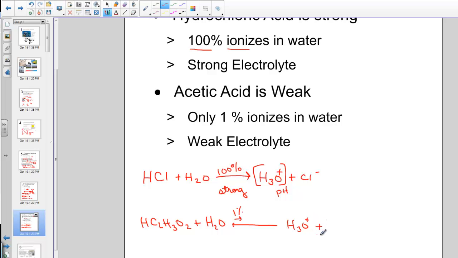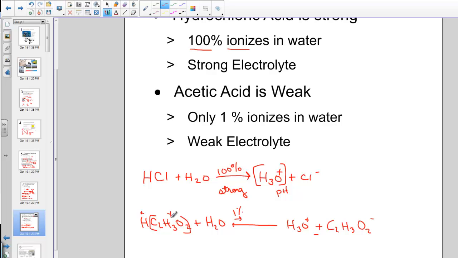And so, I gotta write this down here. This C2H3O2 negative, acetate, a polyatomic ion, carries a -1. So remember, H is a +1. Acetate, even though there's a lot of letters here, it's still just one polyatomic ion.